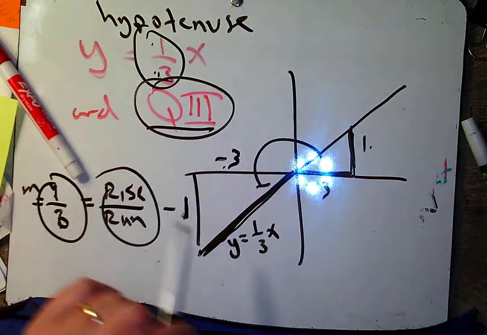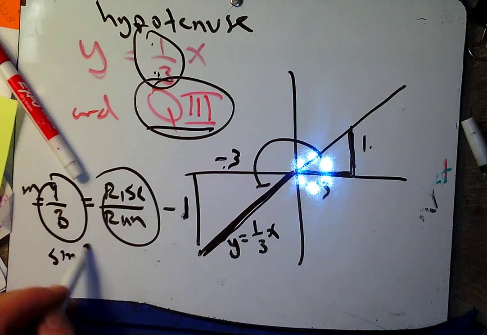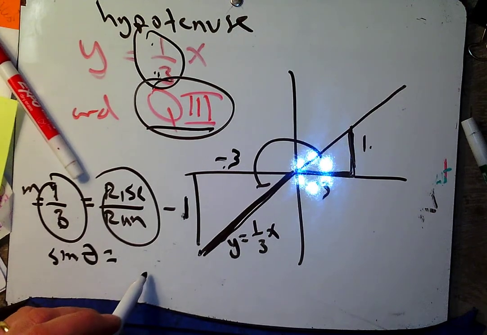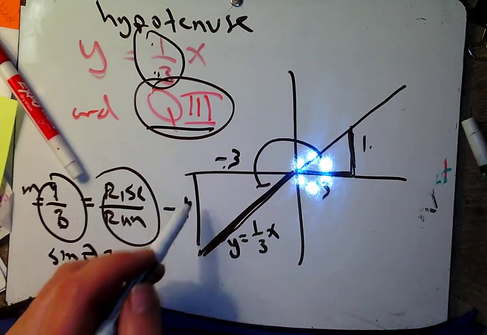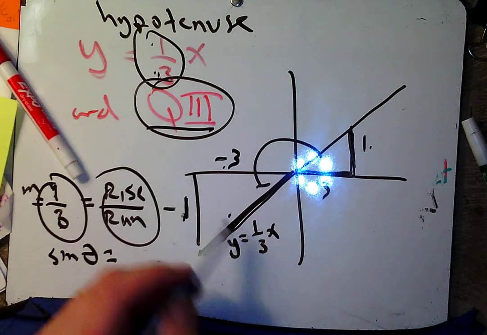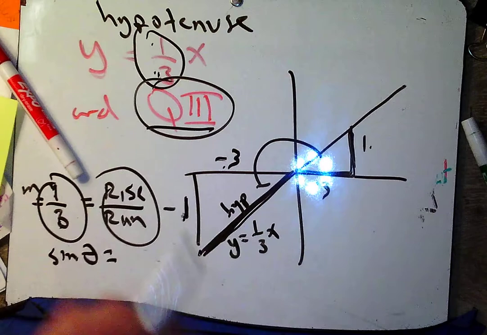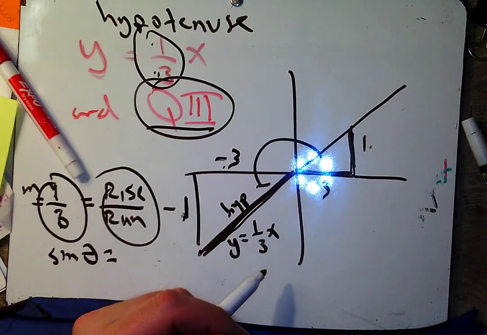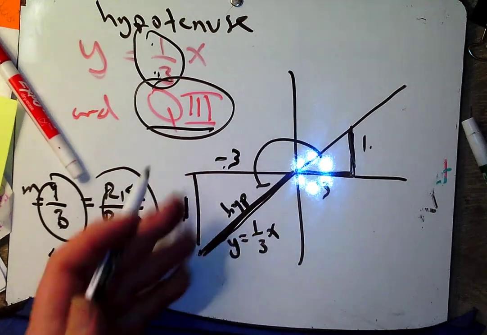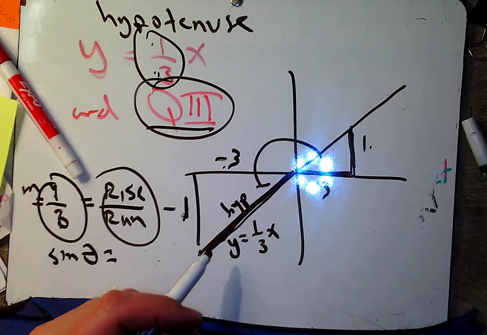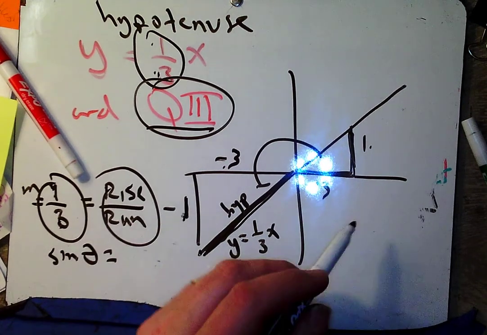Okay, we've done that, so tell me, what's the sine of theta? Well, sine of theta is opposite over, oh no, I don't know the hypotenuse. How am I going to find that? Well, finally, we've come across a problem that does not use Pythagorean triples. So I'm going to have to find the hypotenuse.